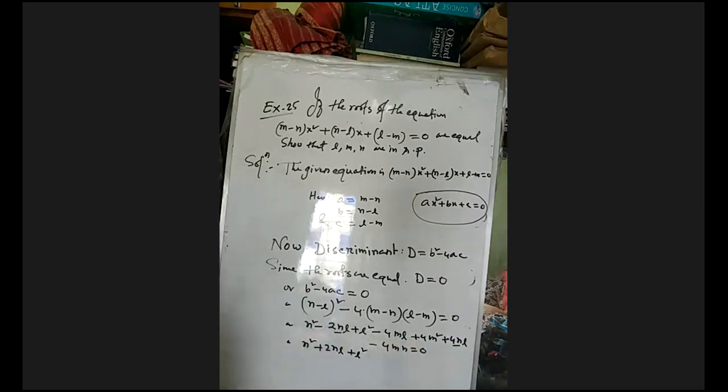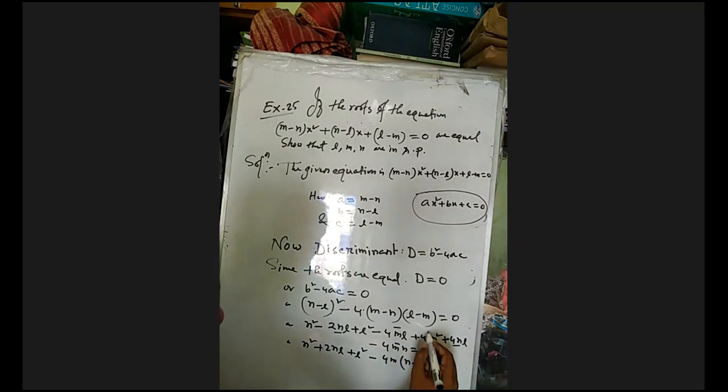Just arranging this, we get 4m, taking common, m (n plus l), plus 4m square equals 0.